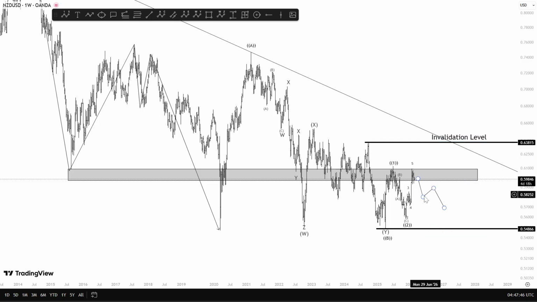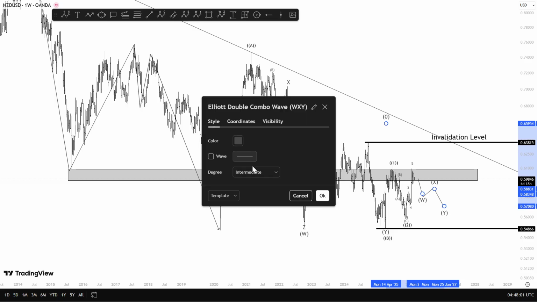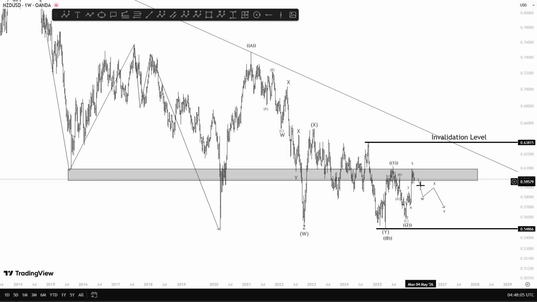Then once we have our A, because this is what we're expecting now, a corrective structure of ABC or double three. So if we have our W completion, that is when we can shift our validation level from where it is to a new place.